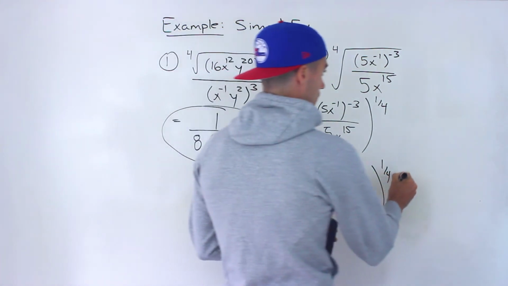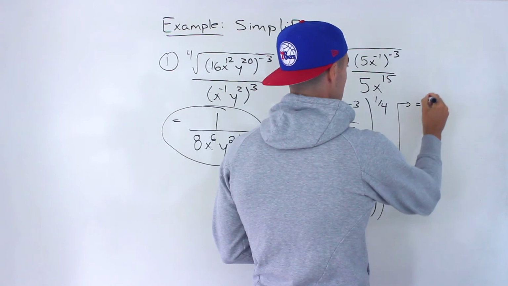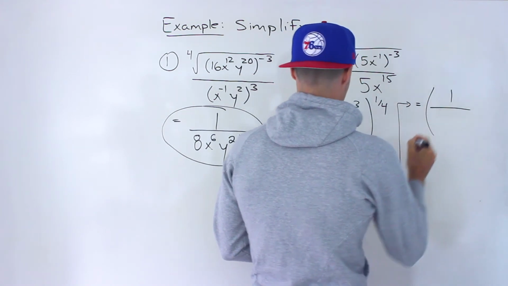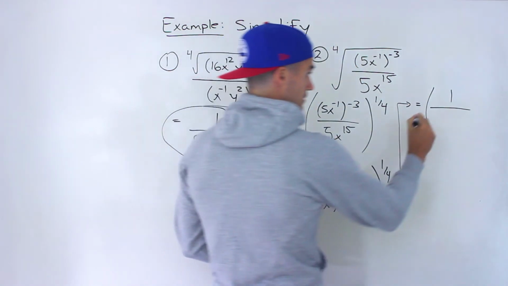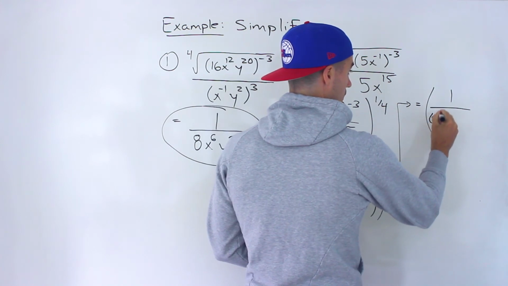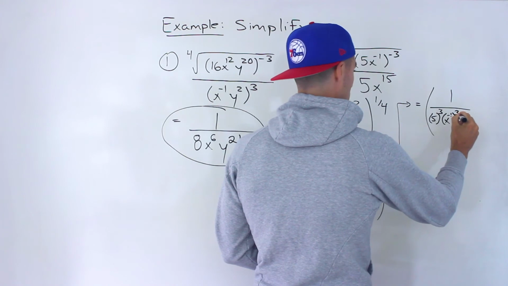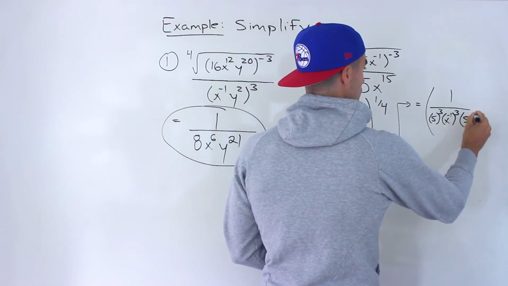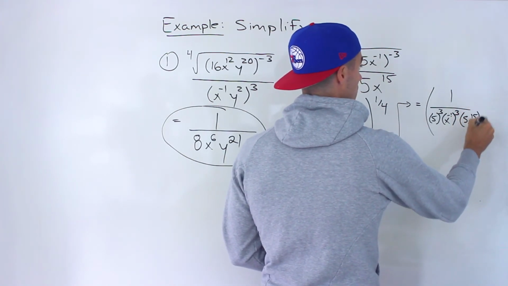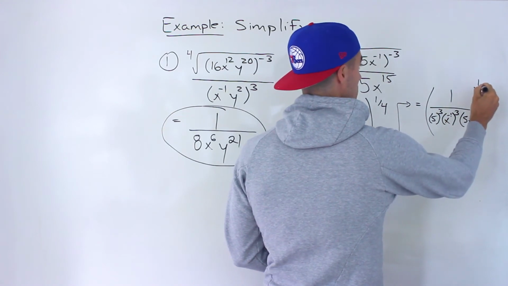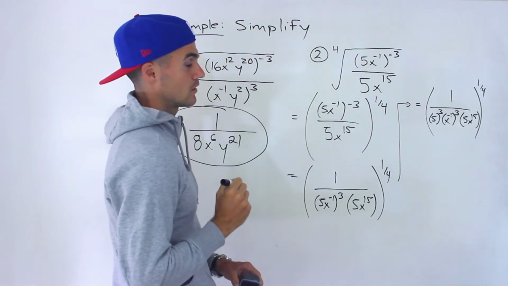And then from here, what we could do is we'll have 5 to the power of 3. We'll have x to the -1 to the power of 3. And then we'll have 5x to the 15, like that. And that's going to be all to the power of 1 over 4.